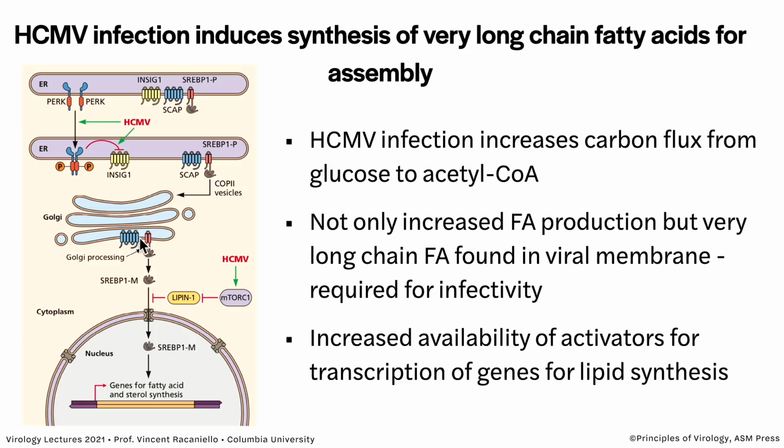And finally, at the last part of the Golgi here, this protein is cleaved off, and you have SREBP1-M going into the nucleus and turning on genes for fatty acid synthesis. So this is turned on. Normally, this would be regulated by cholesterol or fatty acid levels. You know, if you have plenty of fatty acids around, this protein would remain in the ER. But virus infection causes it to come out and go in the nucleus, turn on genes for fatty acid and sterol synthesis because the virus requires those, of course, for reproduction.